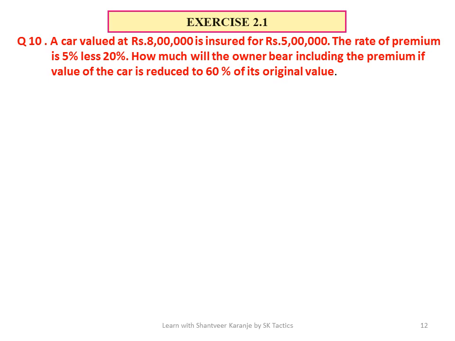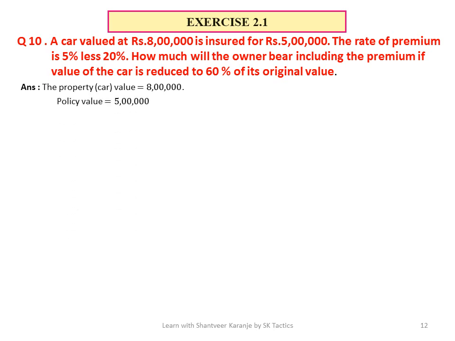How much will the owner bear including the premium if value of car is reduced to 60% of its original value? Now what will be the bearing of the owner, we need to calculate here along with the premium. So the property value means car value is 8 lakh given directly.